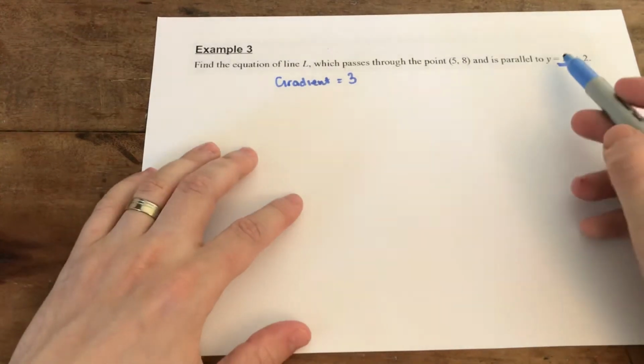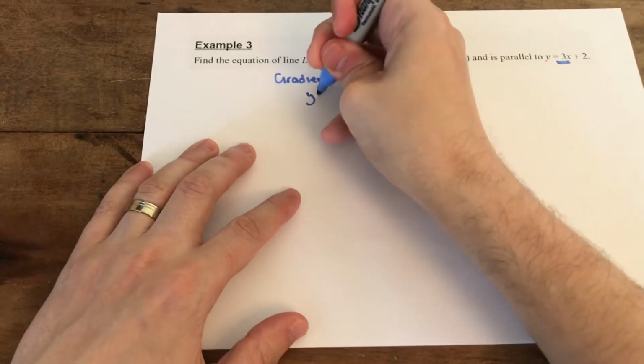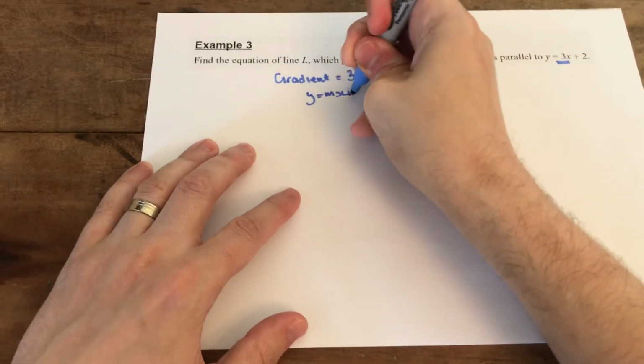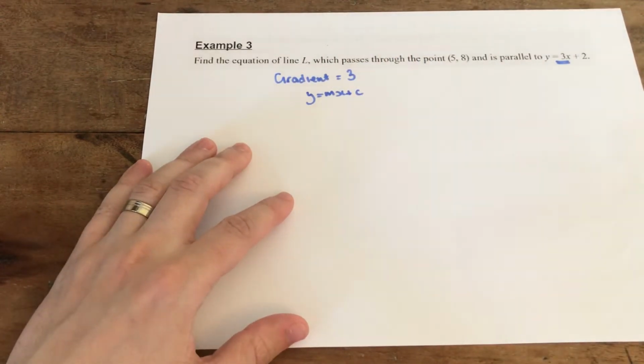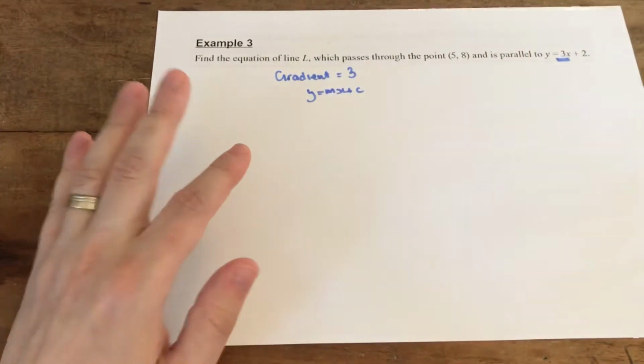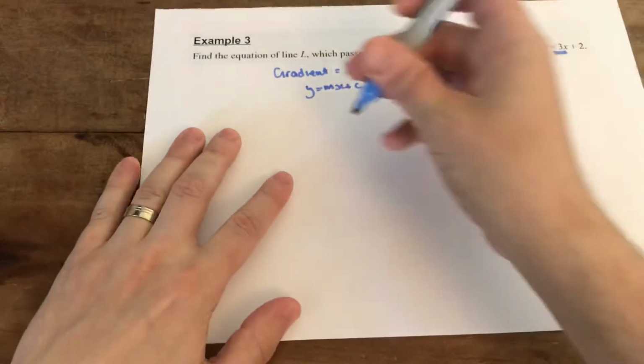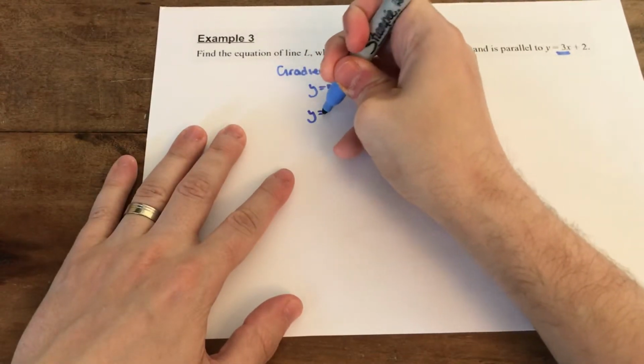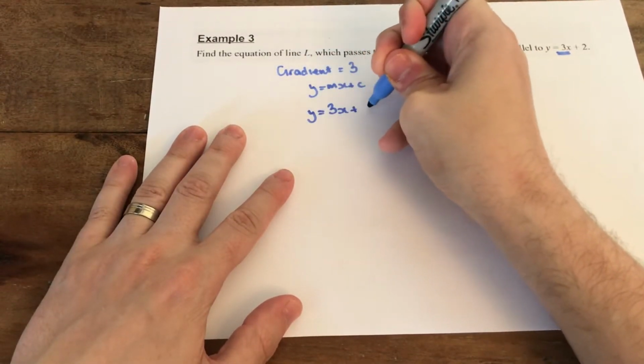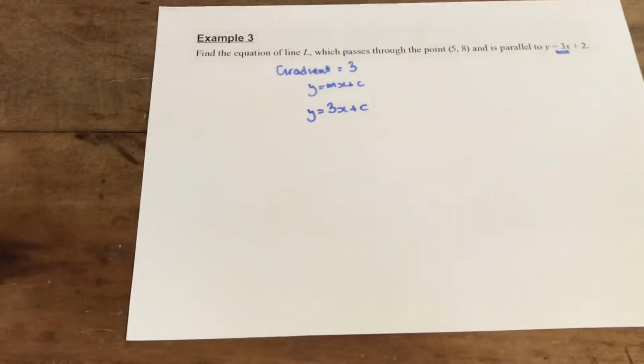So we've got the 3 there. We're then going to use the general formula for the equation of a straight line, which is y equals mx plus c, and we're going to start forming our own equation. So the equation of the parallel line is y equals 3x plus c. Now, we've got part of this there for us.